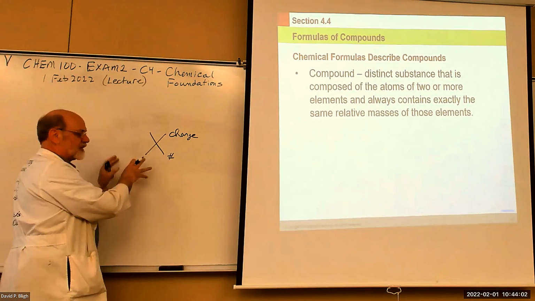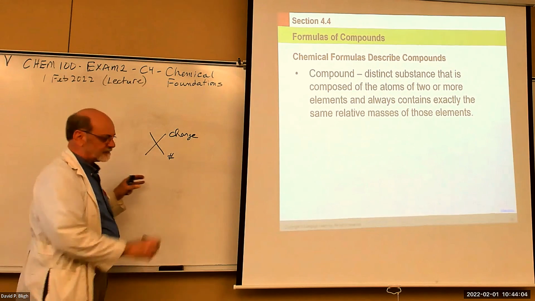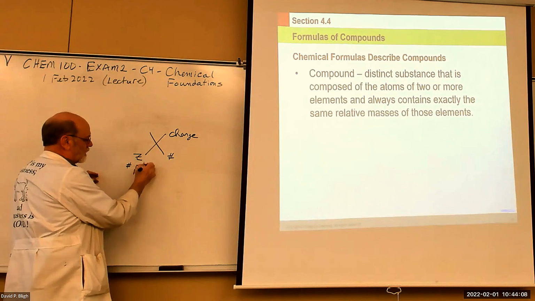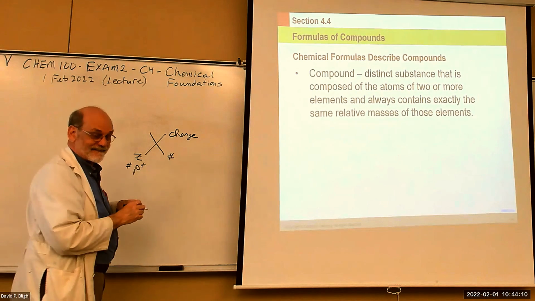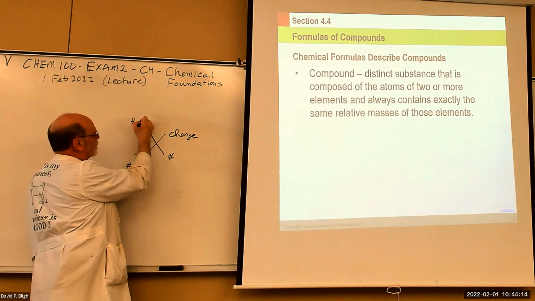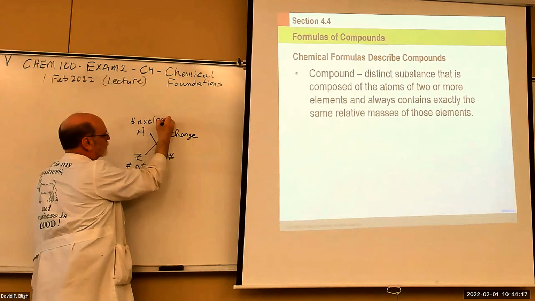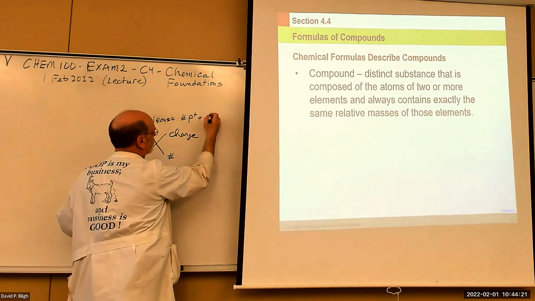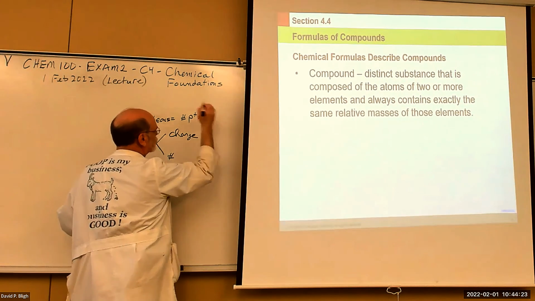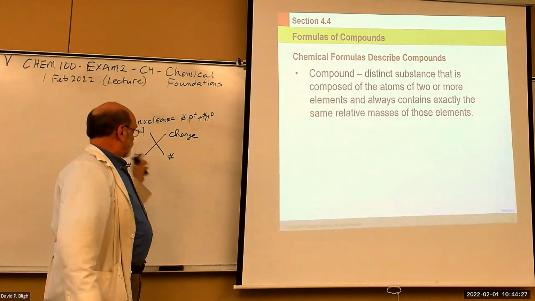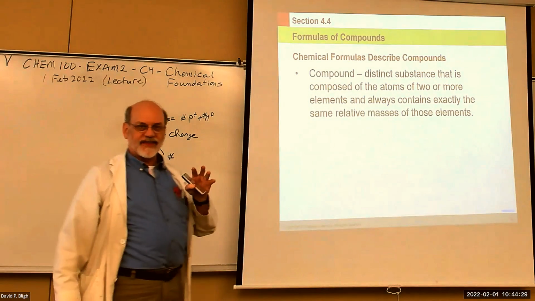On this side, this is nuclear information. This one is Z, or the number of protons. Okay? This one is A, or the number of nucleons, we call it, which is equal to the number of protons plus the number of neutrons. Right, so those positions are reserved for that information.